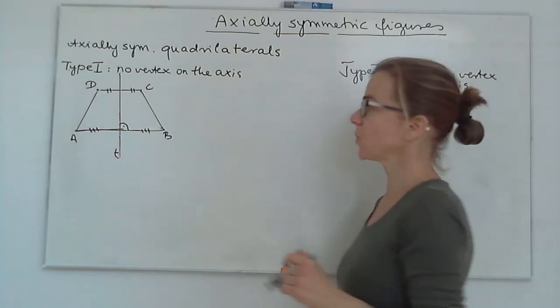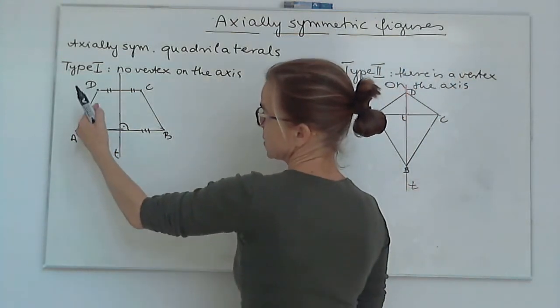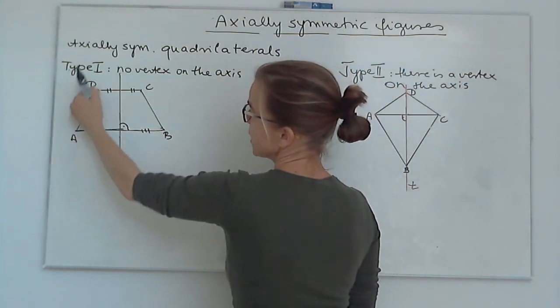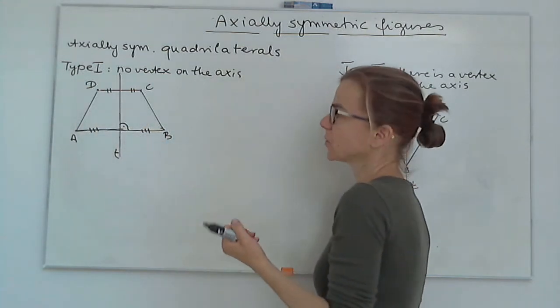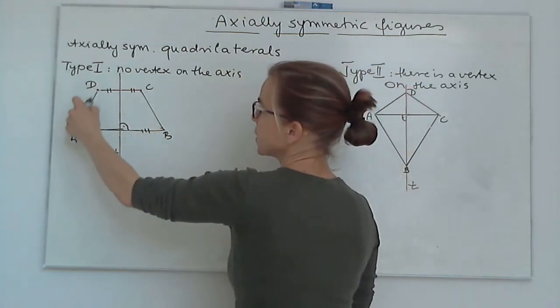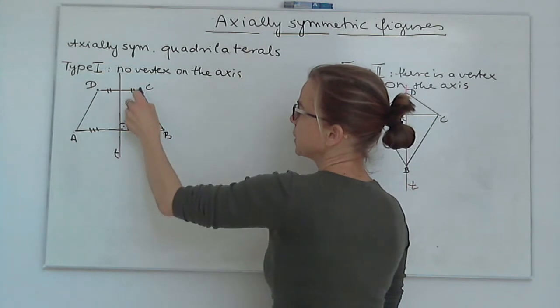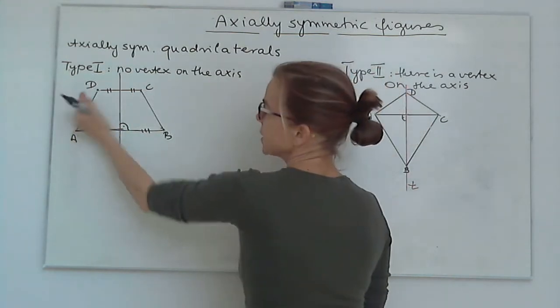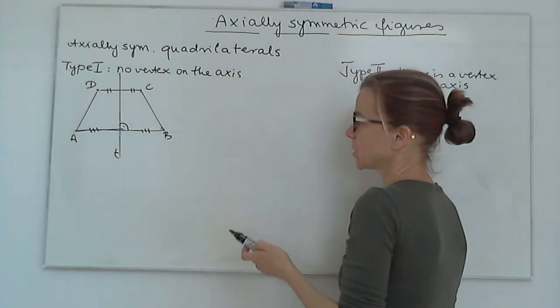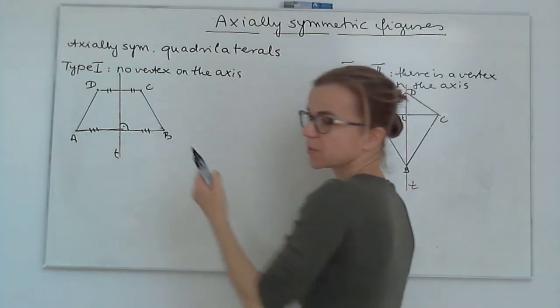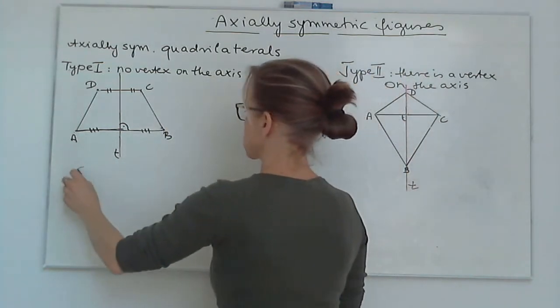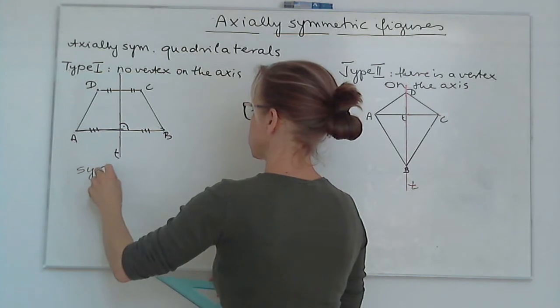It also follows from the axial symmetry that segment AD, which is the side of this figure, is equal to segment BC since they are each other's mirror image. This figure, the simplest figure with this property, is the symmetric trapezium.